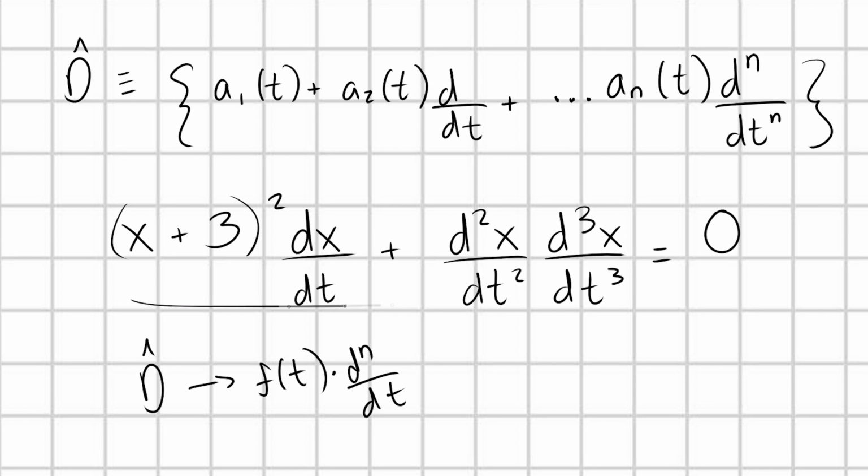I'm never going to be able to write out this function here as D hat operating on x. It's not going to happen. I have d squared x/dt squared times d cubed x/dt cubed, and I have x plus 3 squared dx/dt. It's impossible.